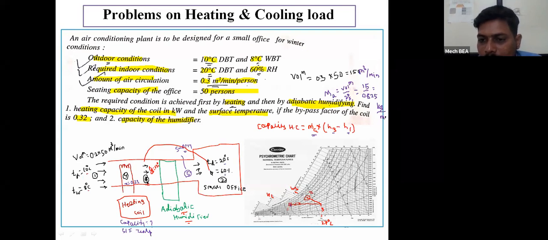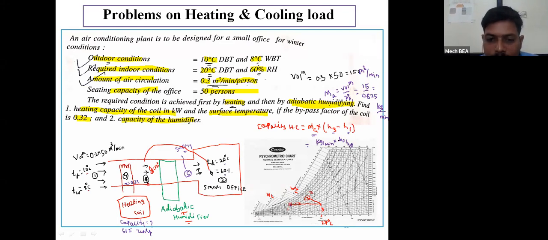And here, by using this formula, whatever capacity of heating coil you are getting, mass of air is in terms of kg per minute, and enthalpy is in terms of kilojoule per kg of dry air. So kg of dry air and this kg will get cancelled.